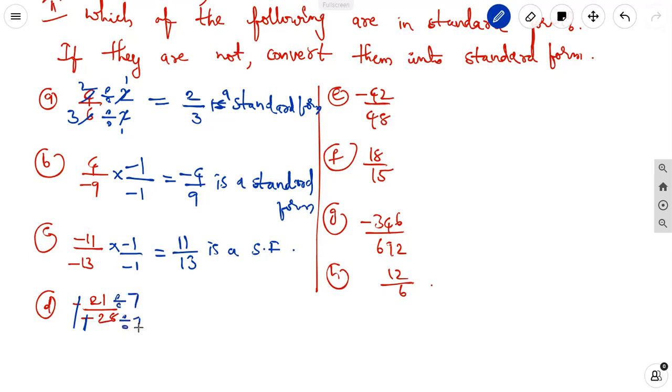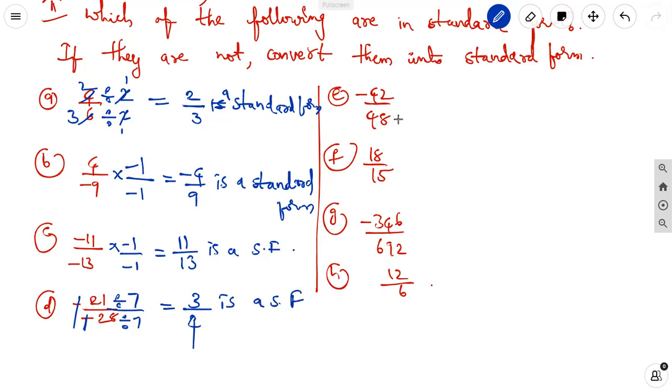So we should divide the numerator and denominator by 7. 7 ones are 7, 7 threes are 21, 7 fours are 28. If we divide by -7, then the minus is also cancelled. So it is a standard form.